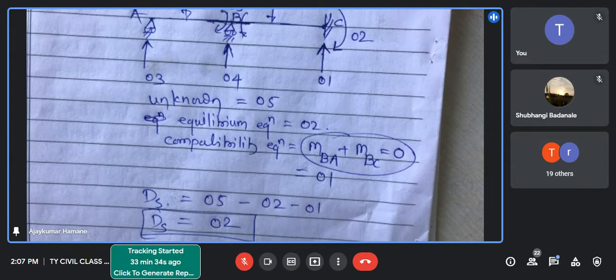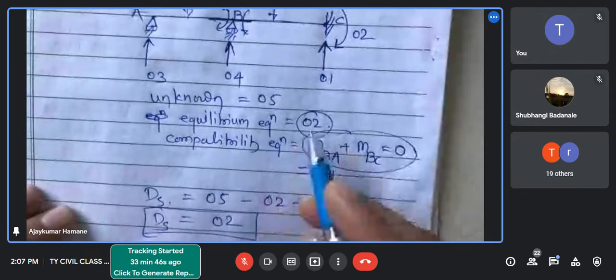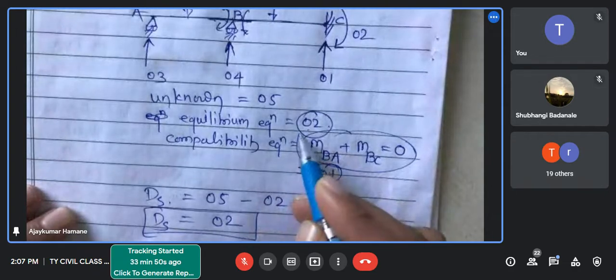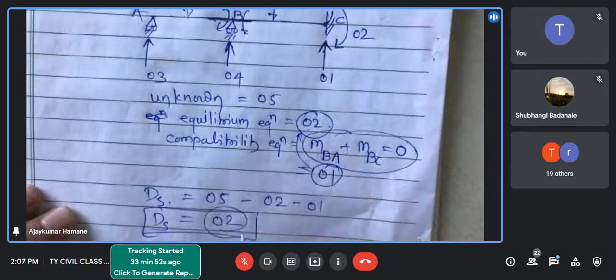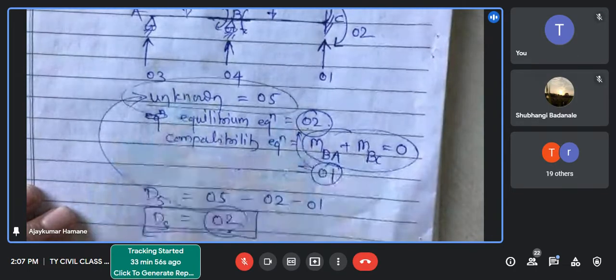Suppose the bat price is 200 and you have 150, then we have to bring 50 from others. That is like static indeterminacy. That means we have two equilibrium equations and one compatibility equation, so we require two more equations to find these unknowns.